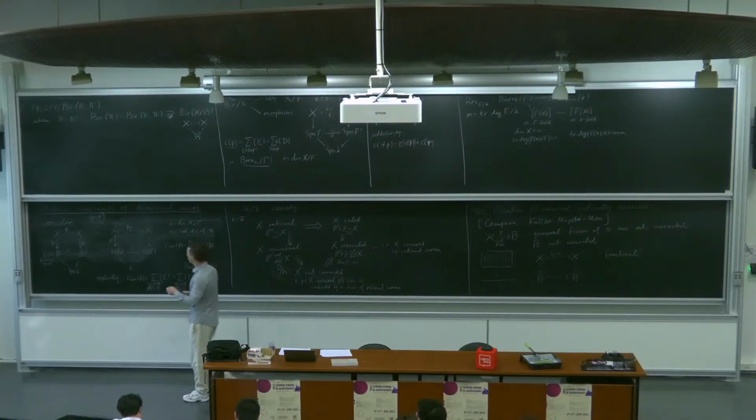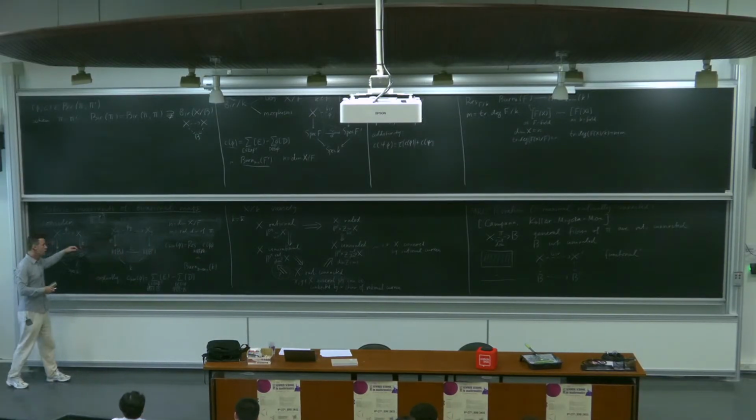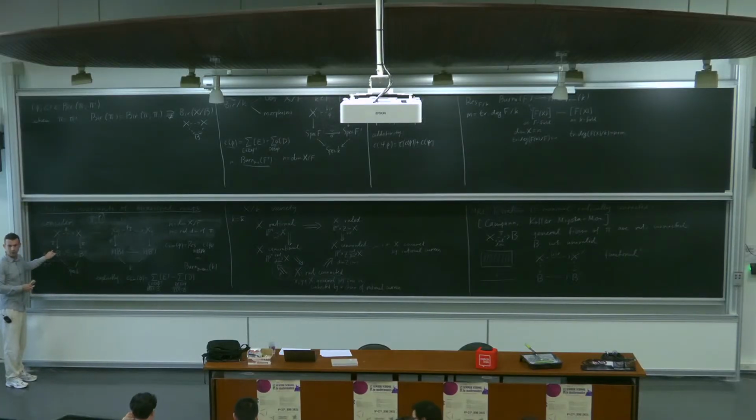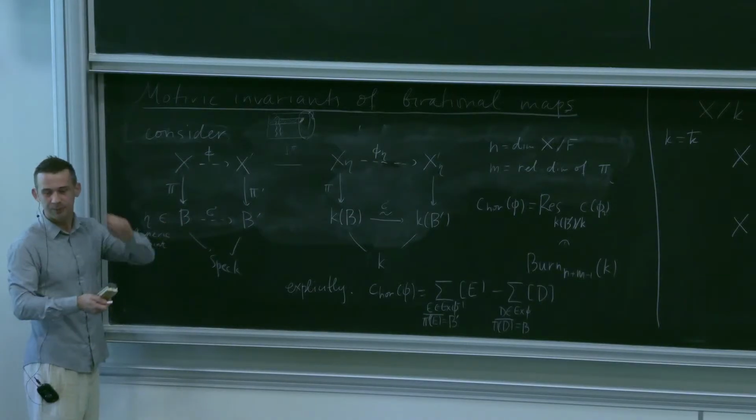Yes, in a second we'll get rid of this assumption, but it's just easier to take the generic point. If you had a rational map, it's still a little bit confusing, right? If this was a rational dominant map, the generic fiber is not super well defined.